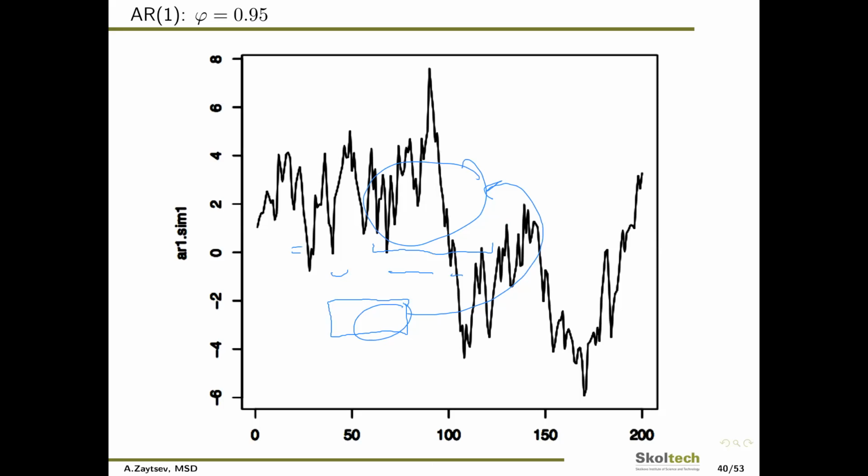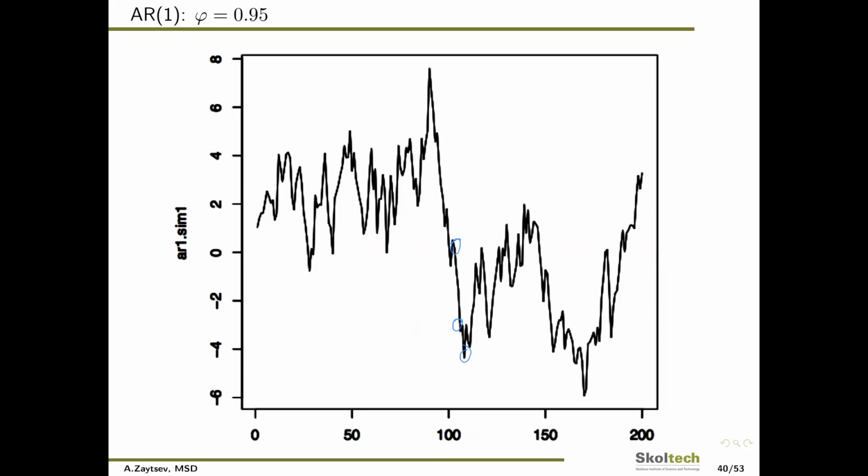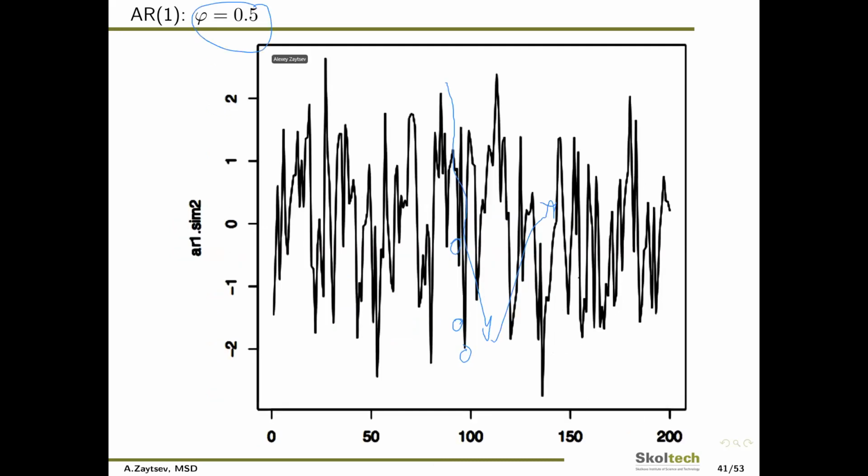And we can look at some examples of such time series. For example, for an autoregressive random process of order 1 with phi equal to 0.95, we have some connection between neighbor points, and it's quite strong. We have this slow motion from one part to another. If we reduce phi, we would observe something quite similar to a Gaussian random walk, but not exactly.